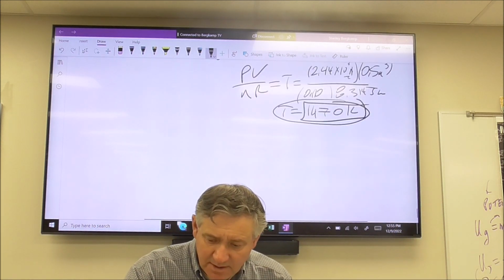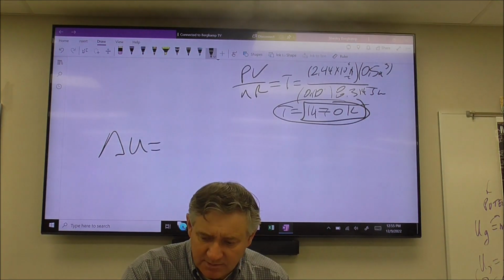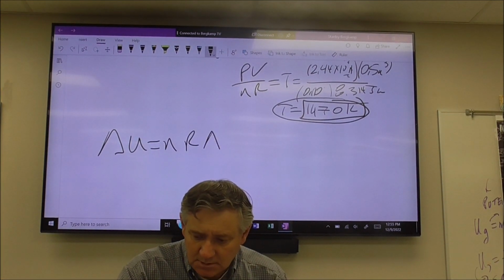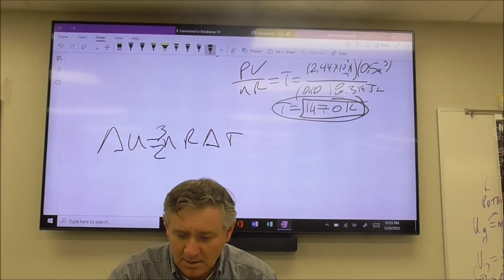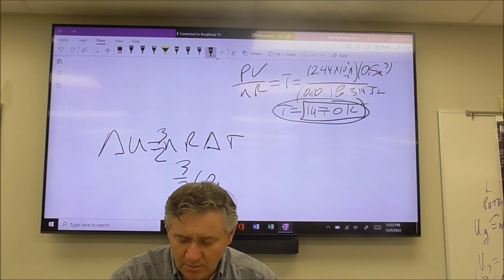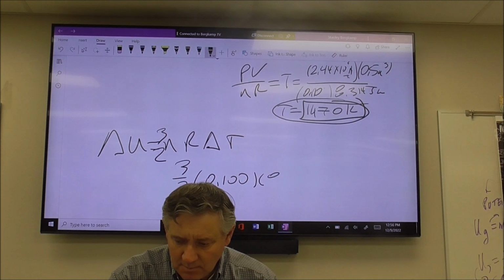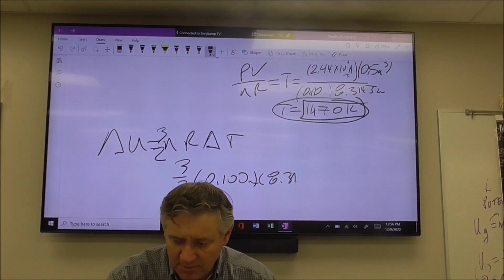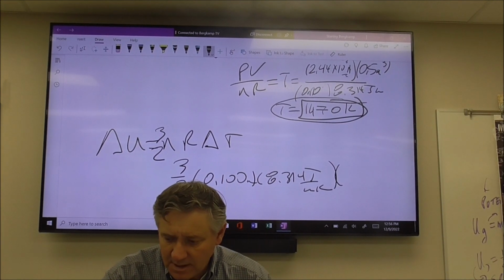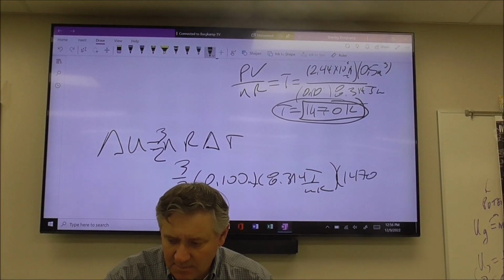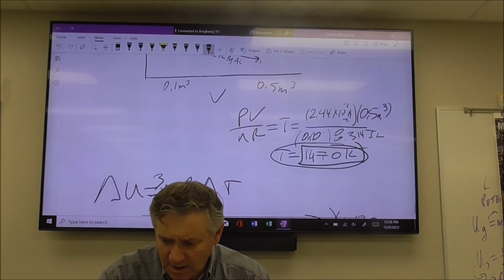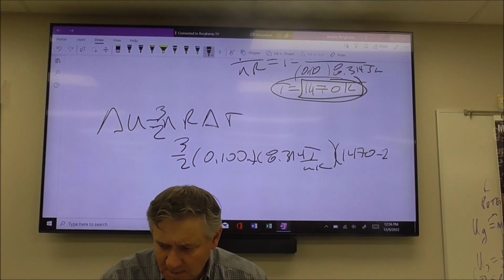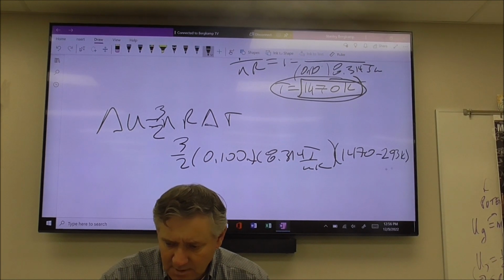So we can find delta U, right? So delta U equals 3/2 NR delta T. So we're going to have 3/2 of 0.1 moles times 8.314 joules per mole Kelvin. And then we got 1470 minus, what was the initial temperature? 293 Kelvin.